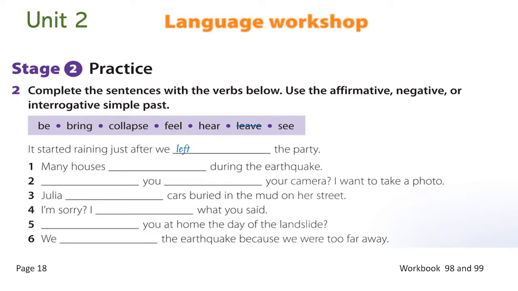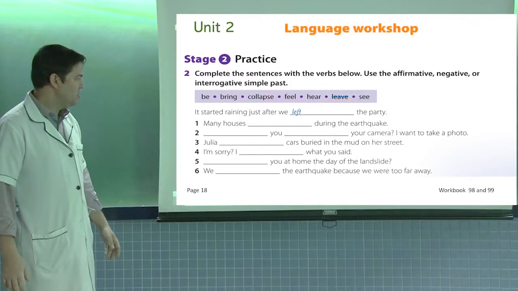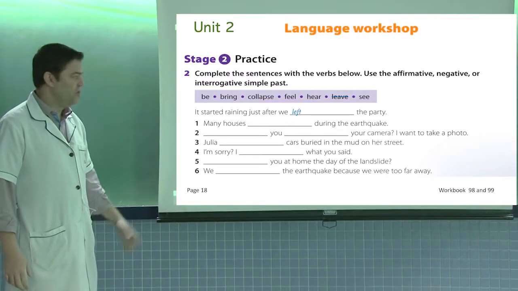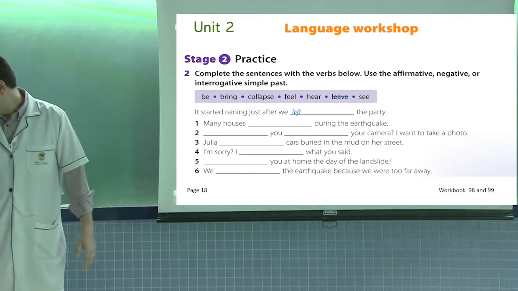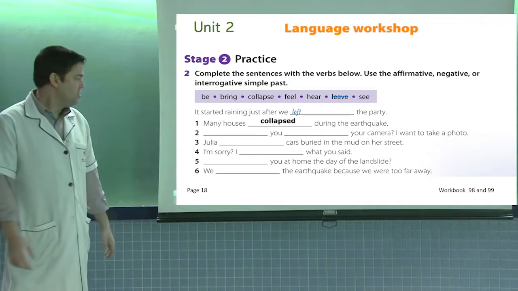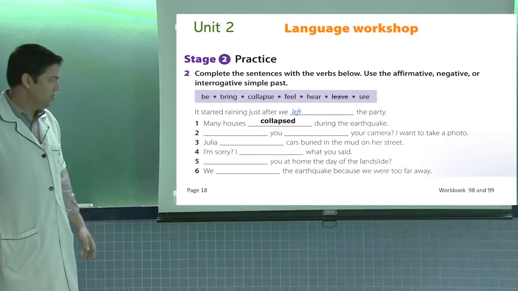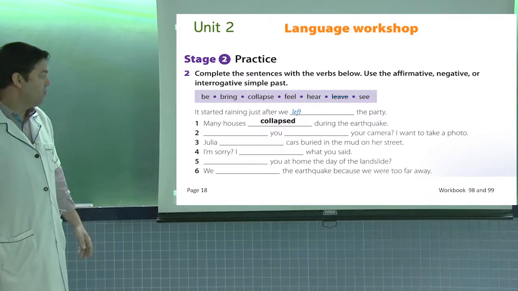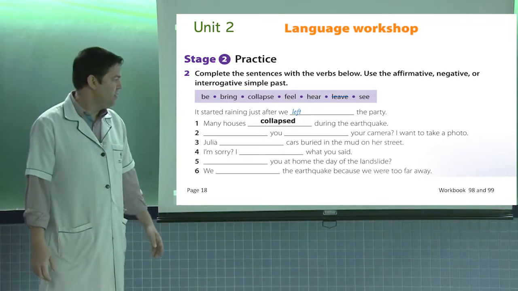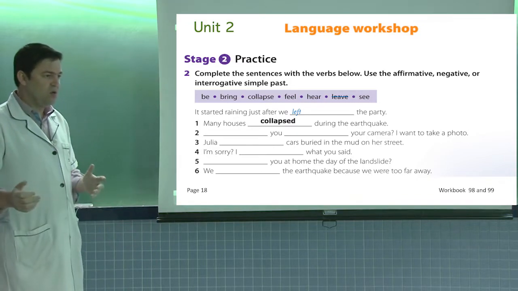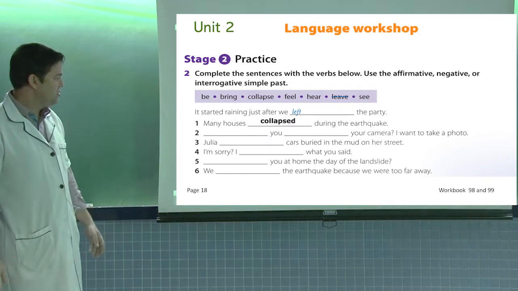Earthquake, you know, is the movement of the earth, the ground, yes, the shaking. We studied these words before. So something happened with the houses, and I think it's collapsed. So many houses collapsed during the earthquake, okay? So the houses were destroyed.